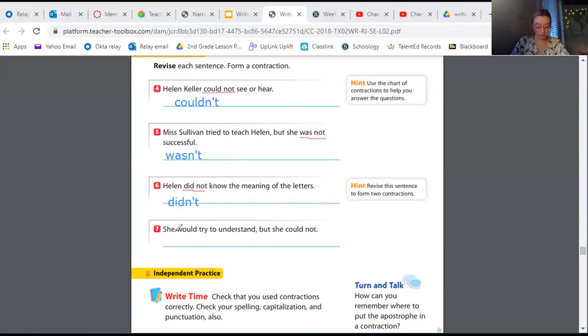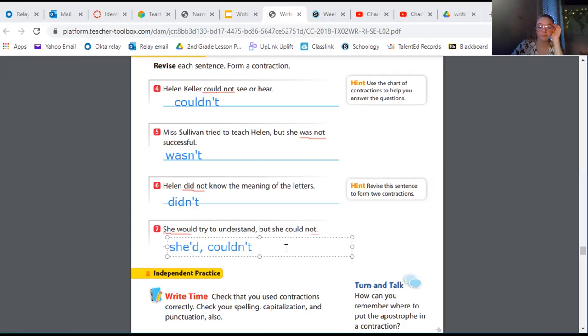The ones I found were she would and could not. So what contraction does she would form? That's right, she'd. And what contraction does could not form? That's right, couldn't.